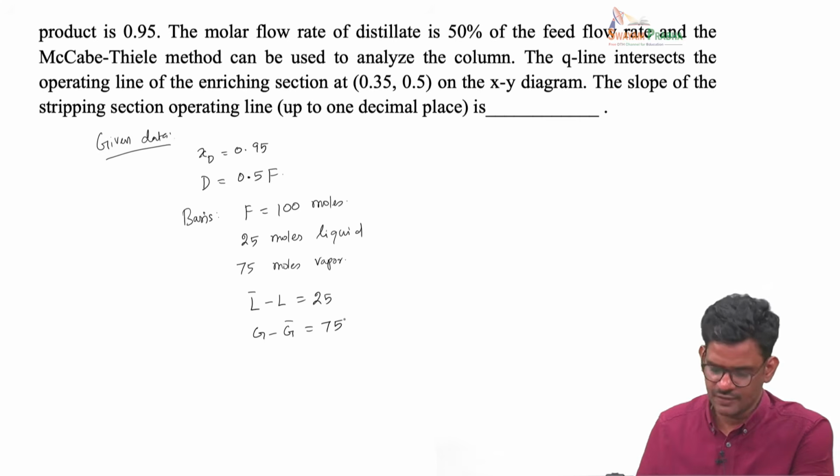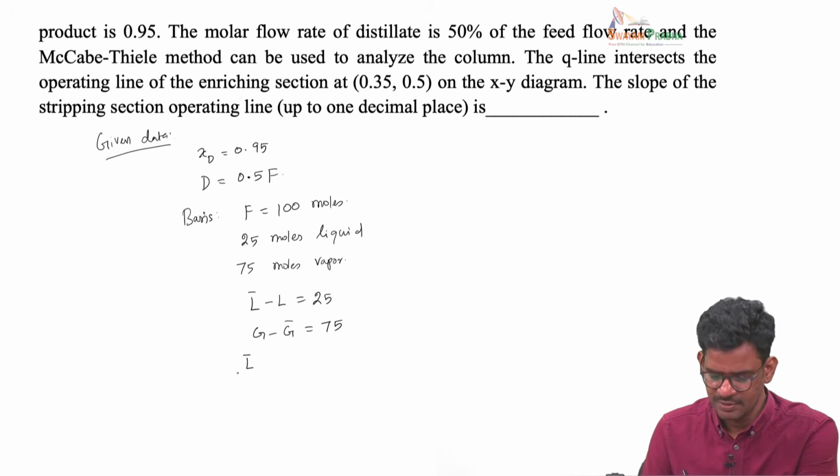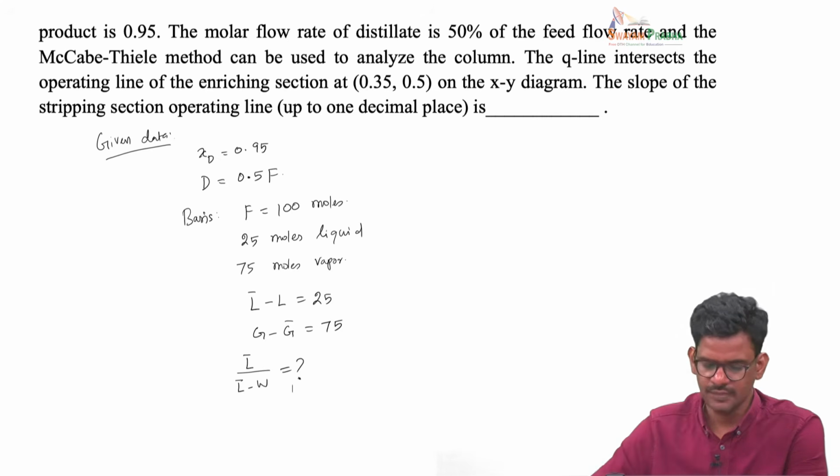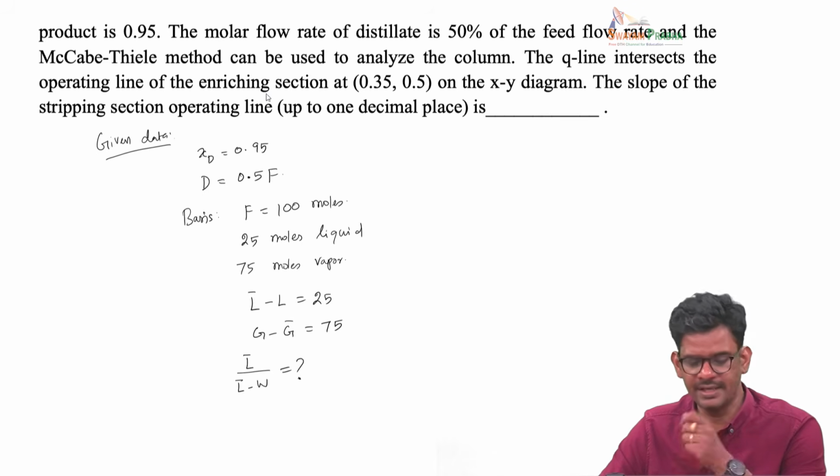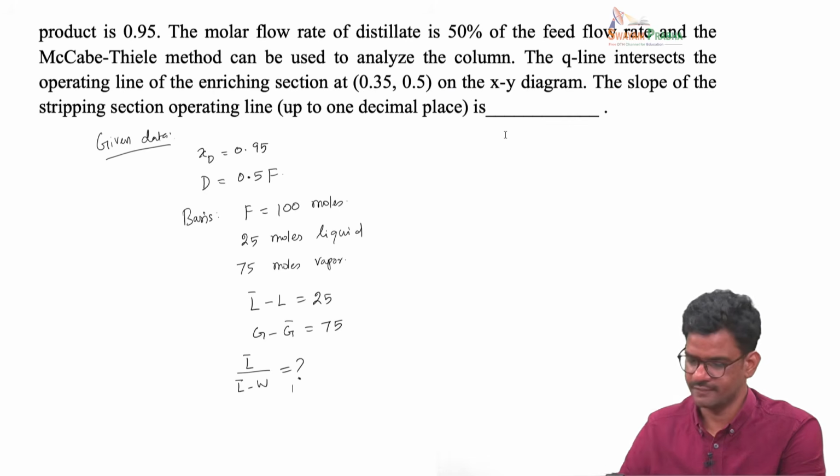And what we need to find is the slope of the stripping section, which is nothing but L bar by L bar minus W. Okay. So, this is what we need to find. And another useful information that is given in this problem is that the Q line intersects the operating line of the enriching section at 0.35 and 0.5.